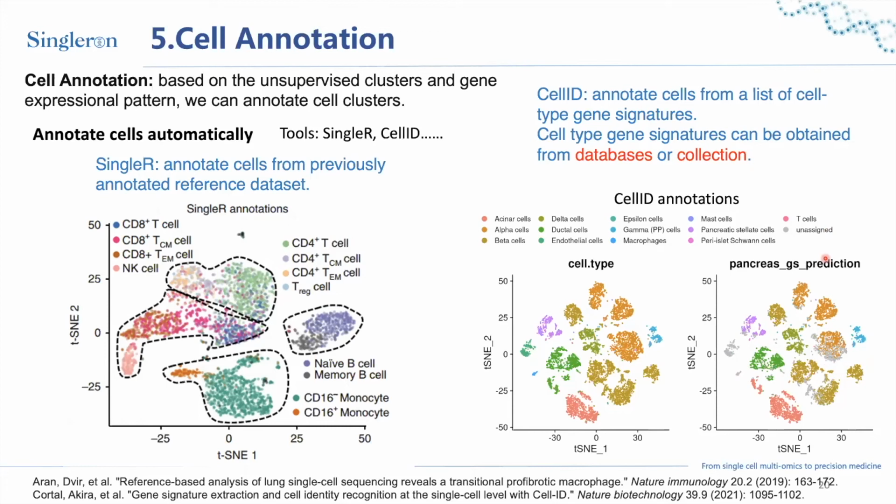So no matter what software you use, you have to check manually according to the predicted results and do some correction. The CellID automatic annotation is also included in the SynEcosys database, so you can try to do it automatically on the database.